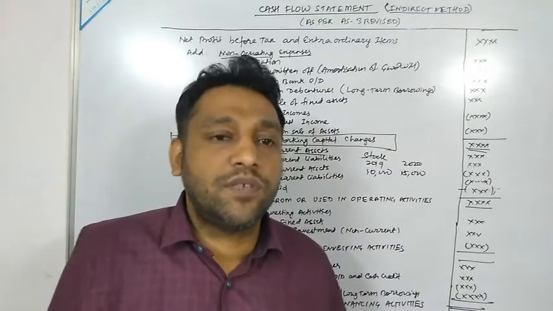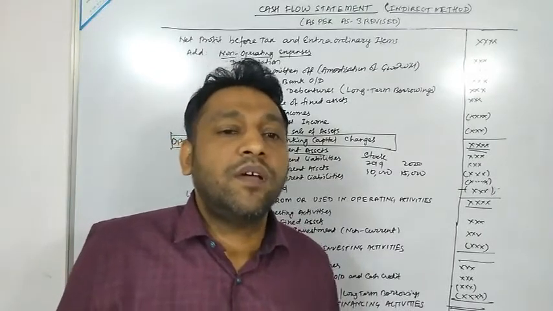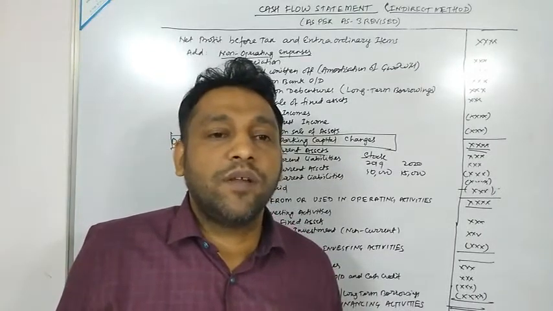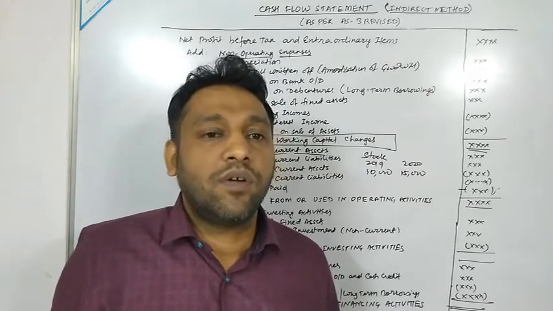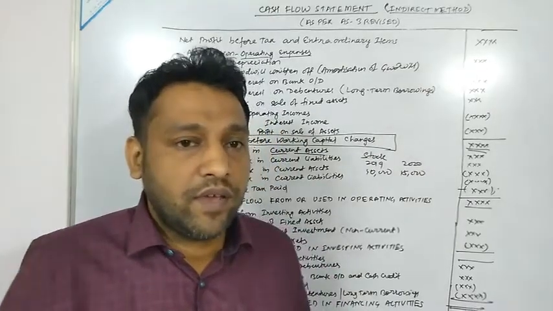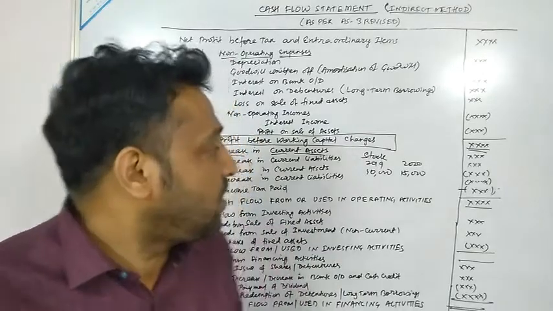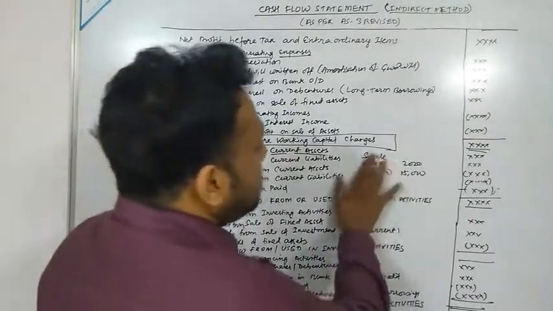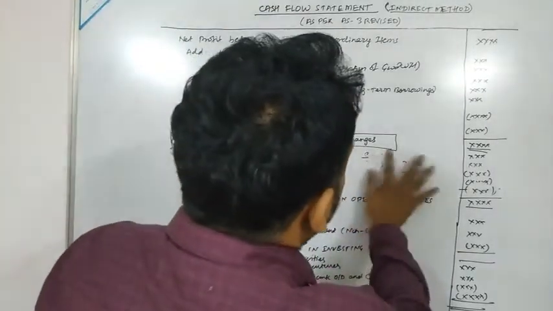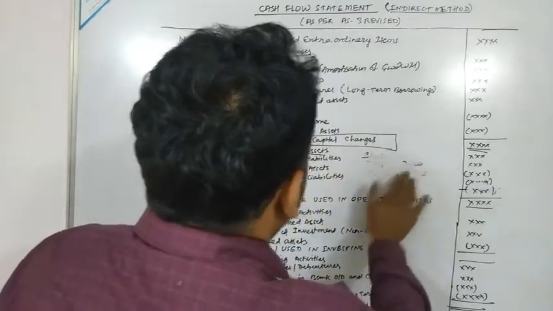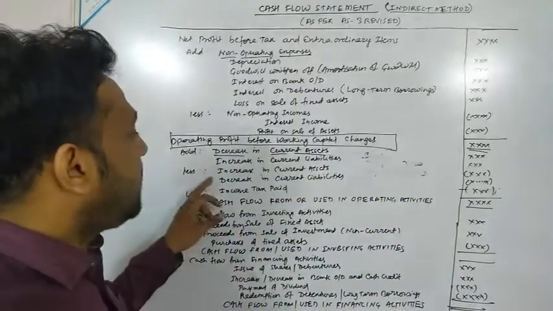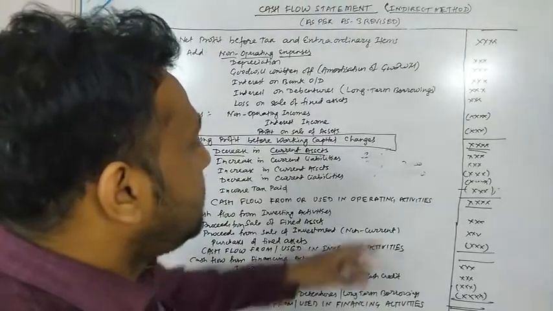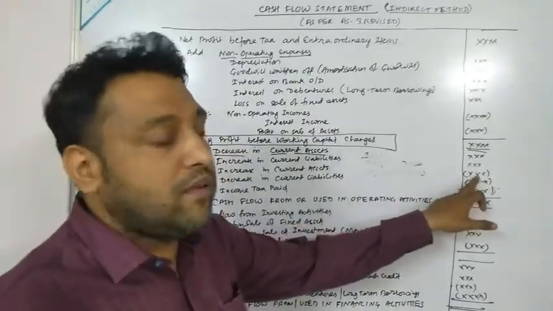We might have purchased the stock, so would it result in a cash inflow or outflow? It would result in a cash outflow. Outflow of cash means cash is going out, okay? So that would be subtracted. Whatever the current assets increased by, the increase in current assets would be reduced.